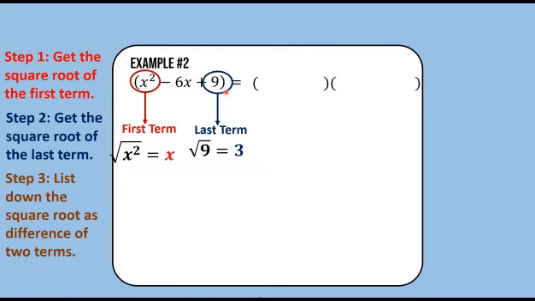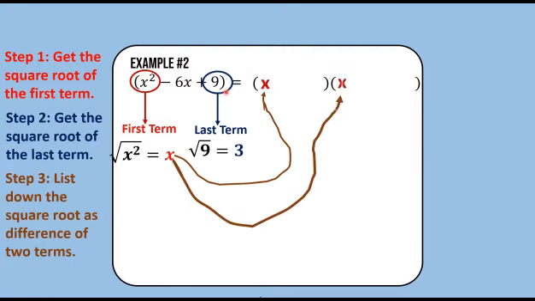Before listing down the square roots, let us first make two parentheses. Now let's distribute x to both parentheses here and here. And let's distribute the last term, which is 3, here and also here.